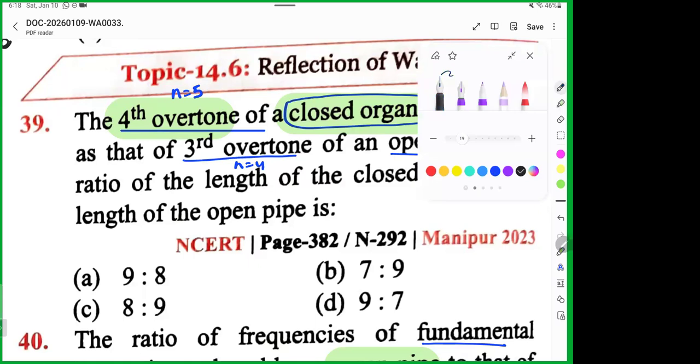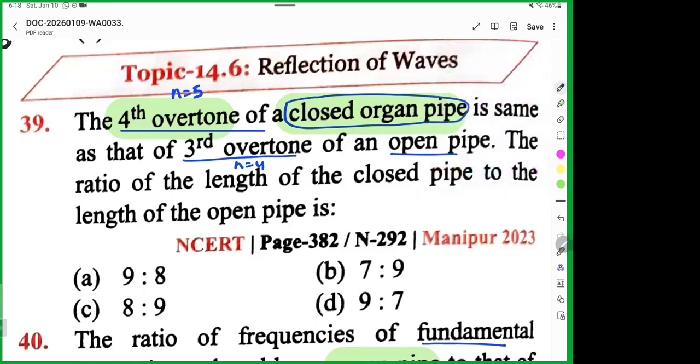In closed organ pipe, if you see overtone, the ratio of the length of the closed organ pipe to the length of this, you need to check how it is related with the harmonic. Example, when you say third overtone in open organ pipe, open is like both ends fixed, and third overtone means n value 4.